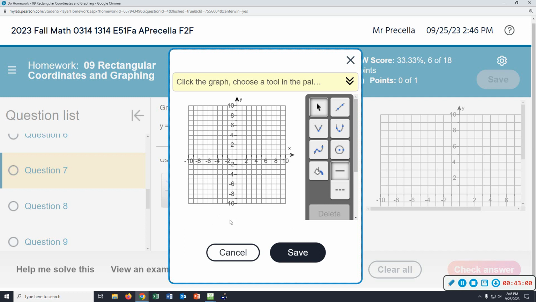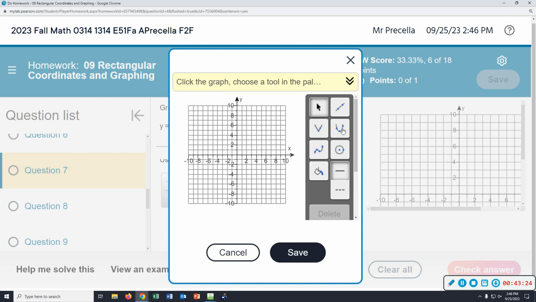You'll notice as you hover over the tools here in the graphing palette, it says what the tools are. Oh, that's a nice circle tool. We're not seeing circles today, but when we do, it's an excellent circle tool.